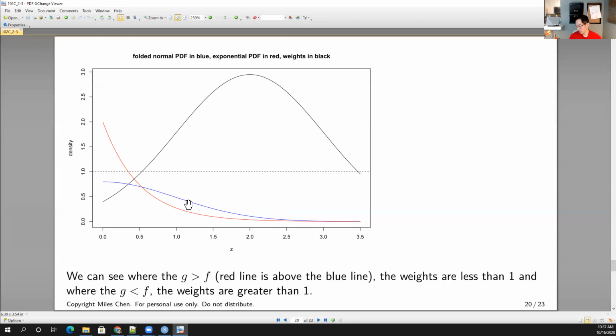The normal distribution says values like 1 should be produced more frequently, and the exponential doesn't, so we have to weight these. It's interesting that the ratio ends up following this large curve here. You can see how the weights are less than 1 in locations where red is taller than blue, and the weights are greater than 1 in the locations where blue is higher than red.